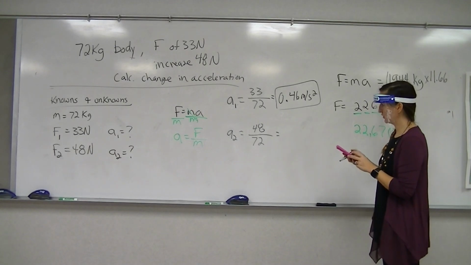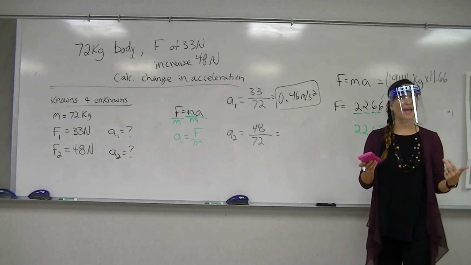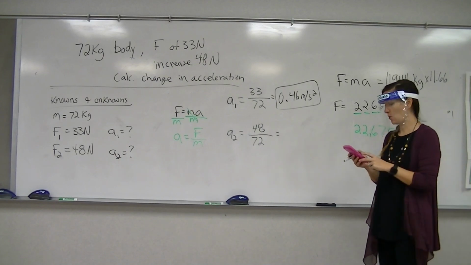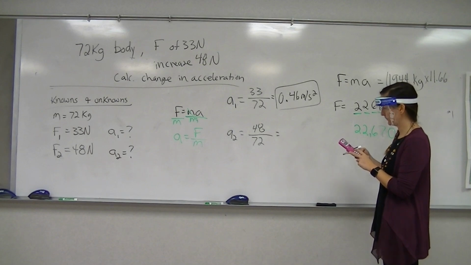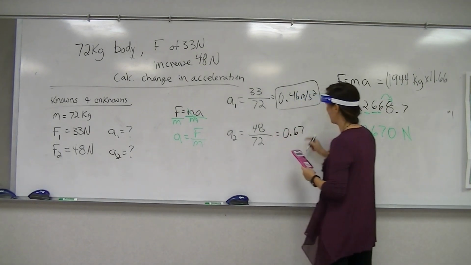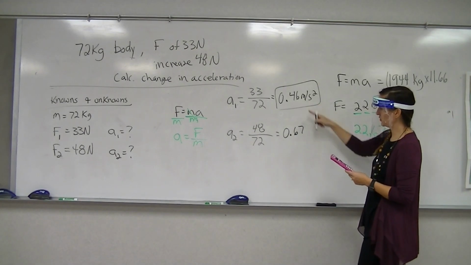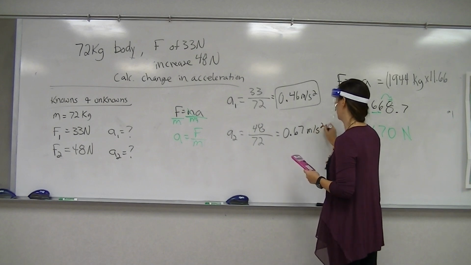It's the rate at which they're pulling the body. Then when they increase their force, you can guess, if you're increasing your force, the acceleration should go up too, because they're proportional. Force and acceleration are proportional. So when you increase your force, you do indeed increase your acceleration. It went from 0.46 meters per second squared up to 0.67 meters per second squared.